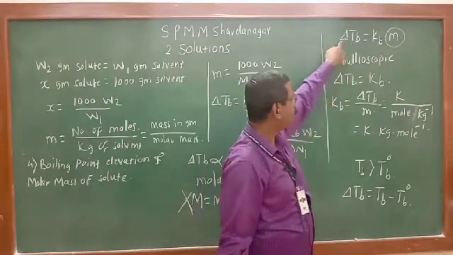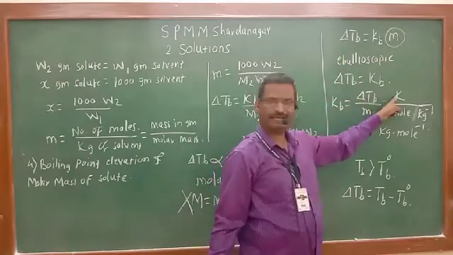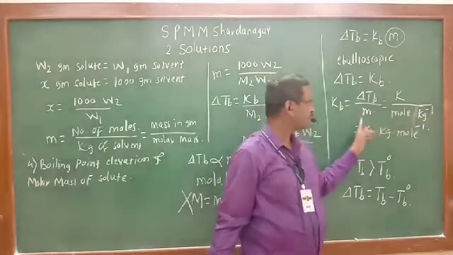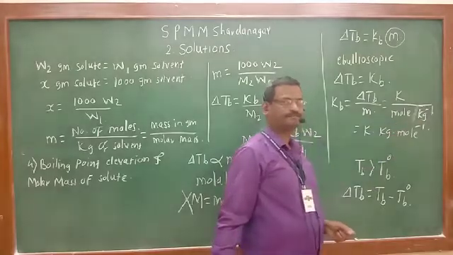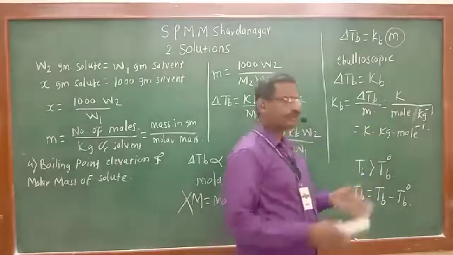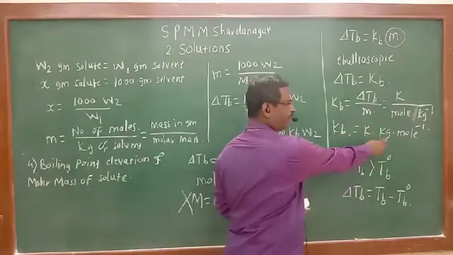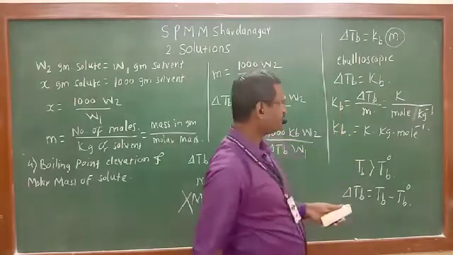From this equation, Kb is equal to delta Tb upon m, with temperature change in Kelvin and m in mole per kilogram, because molality is the number of moles per kilogram of solvent. On rearranging, we get the unit for Kb: Kelvin kilogram per mole.